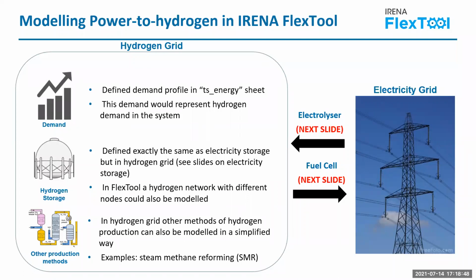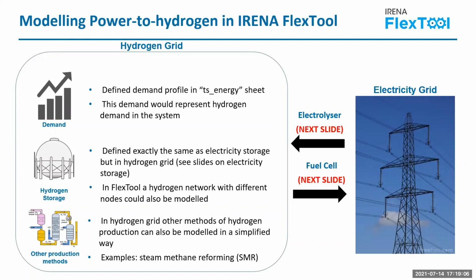So of course we need to set our demand profile for hydrogen, and then in parallel we need to create a hydrogen grid where our assets in our system that produce hydrogen will also be connected.